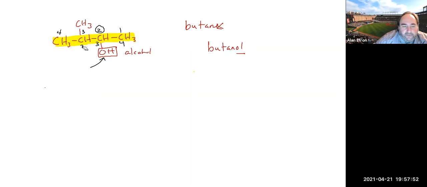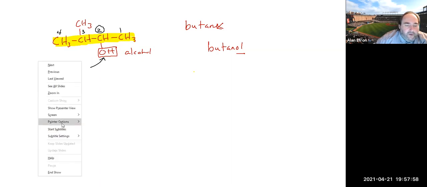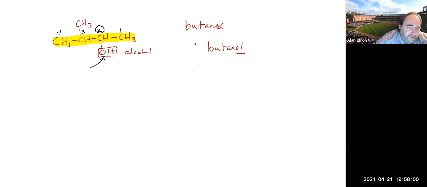Again, the OH group taking the priority, and we want to make sure we get it to that smaller number. So going right to left tells us that the OH group is at carbon number 2. So that is 2-butanol. Because we locked in the numbering going in this direction because of the OH group, that means that our other group that's hanging out there has to be numbered accordingly.